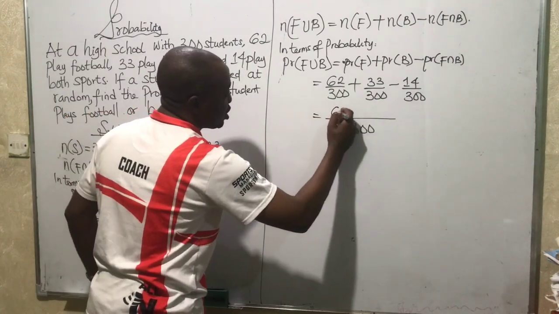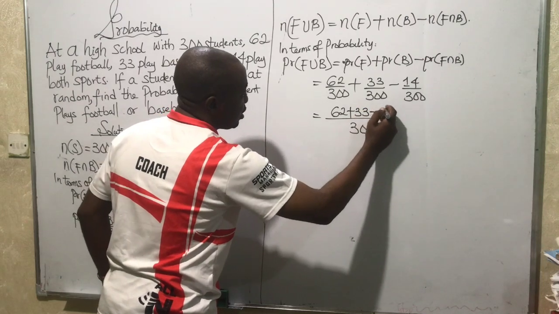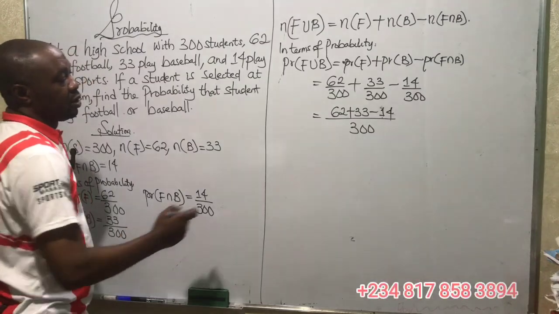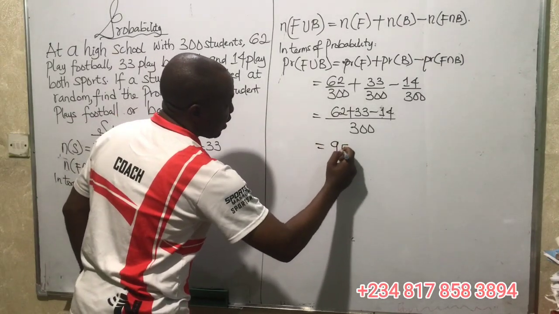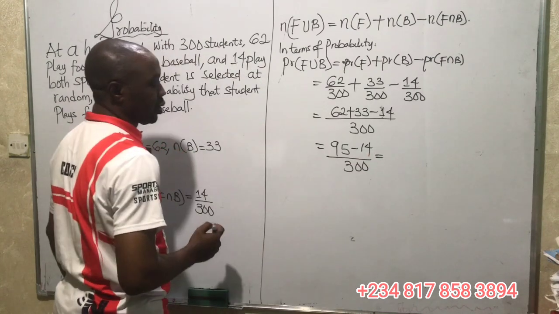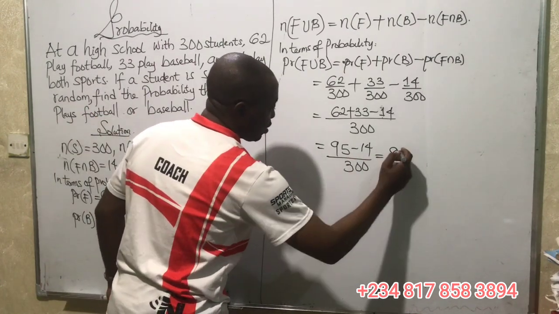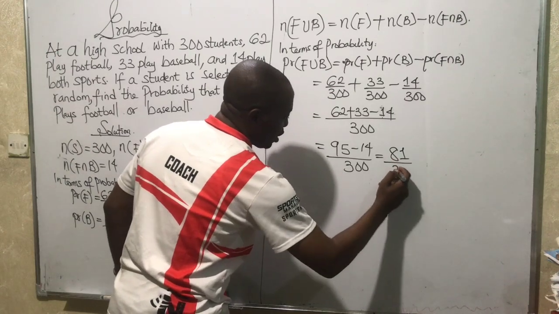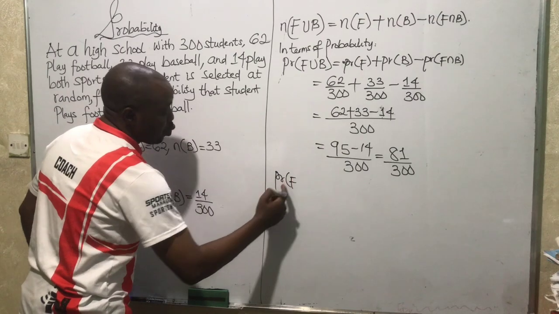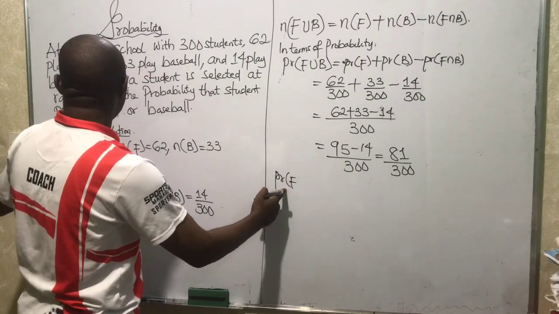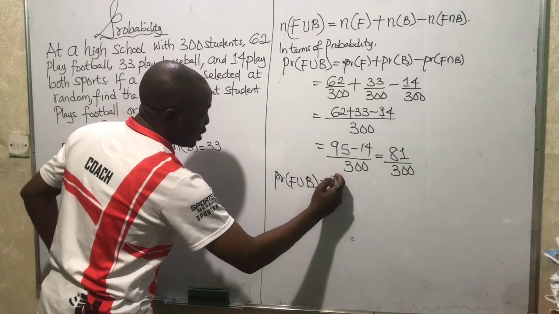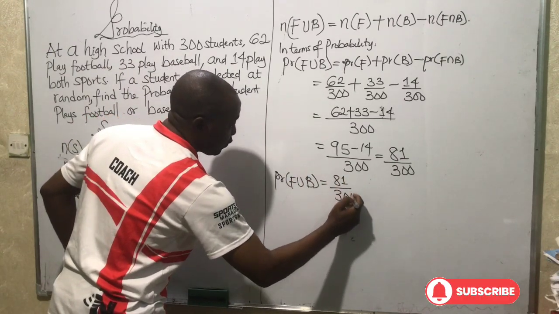So here we have 62 plus 33 minus 14, which is 95 minus 14, out of 300. This is 81 out of 300. So the probability of students who play football or baseball is 81 out of 300.